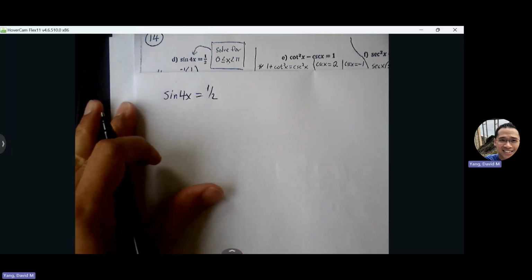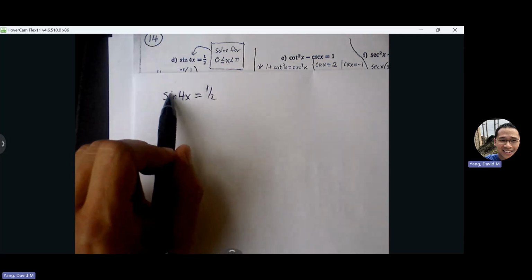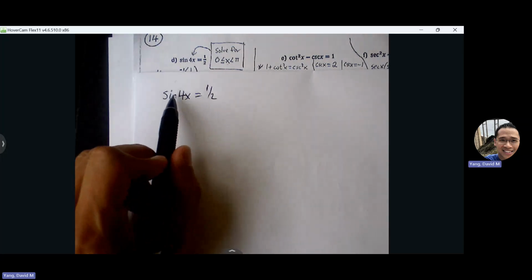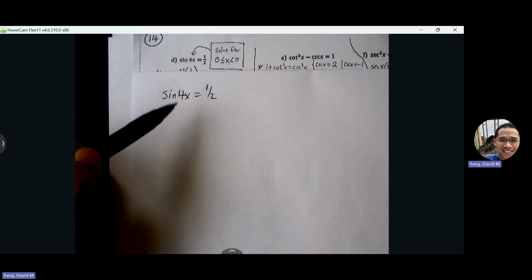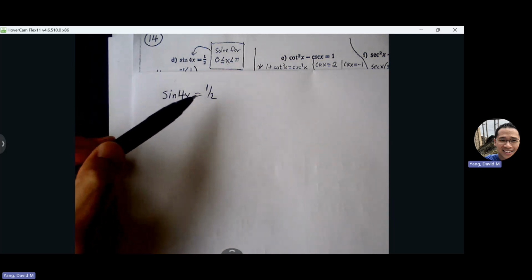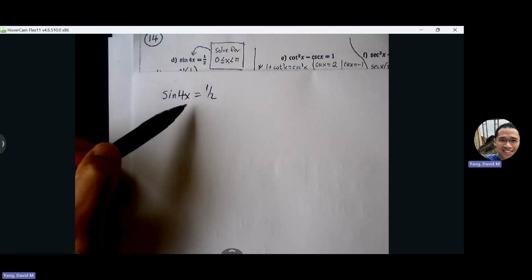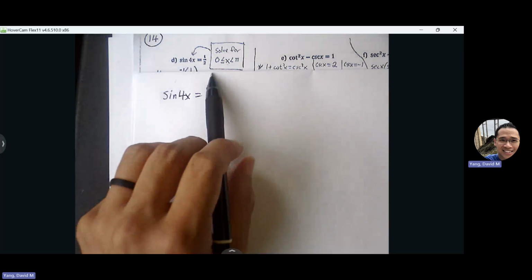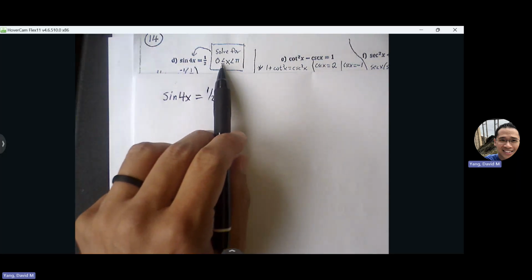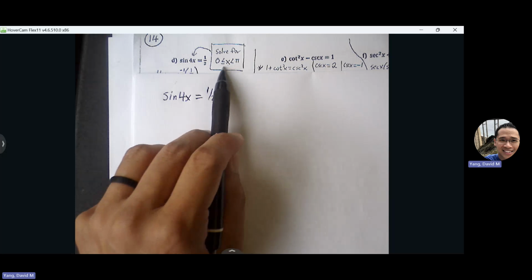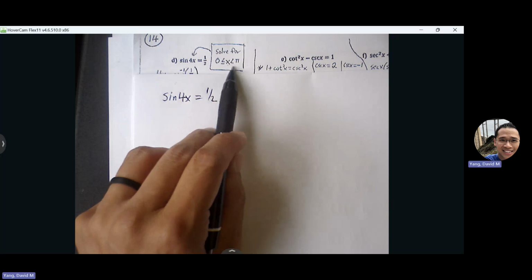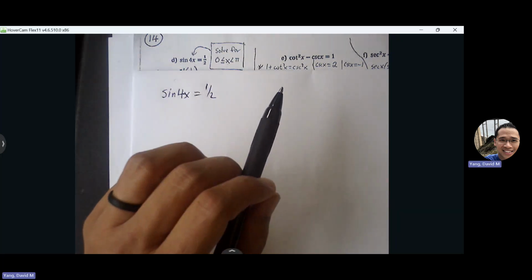So this is the strategy that I like to use, especially because it means we can avoid having to deal with messy double angle or different identities. We're just going to rely on inverse trig. And I made a slight adjustment for this problem here. I'm only looking for x values between 0 and pi so that we can limit the number of solutions. Makes it a little bit easier.